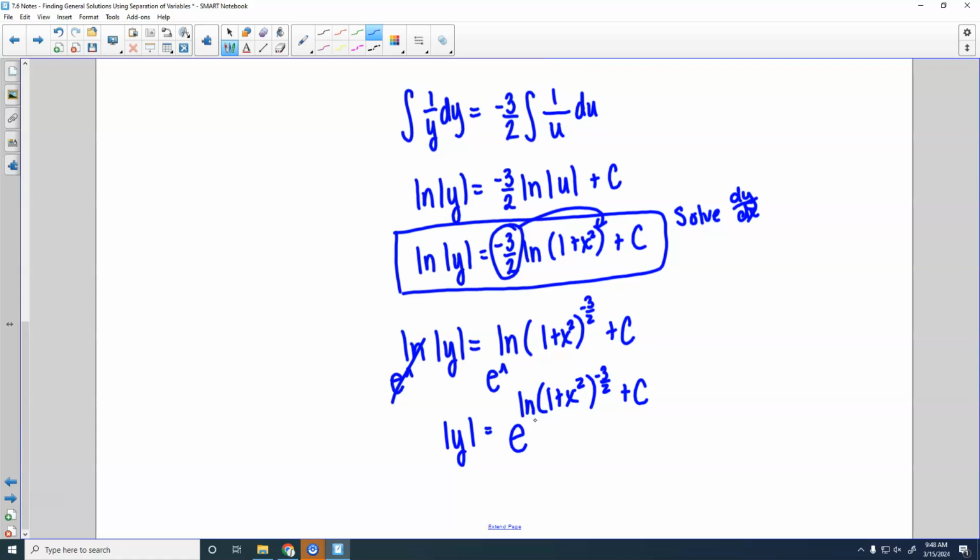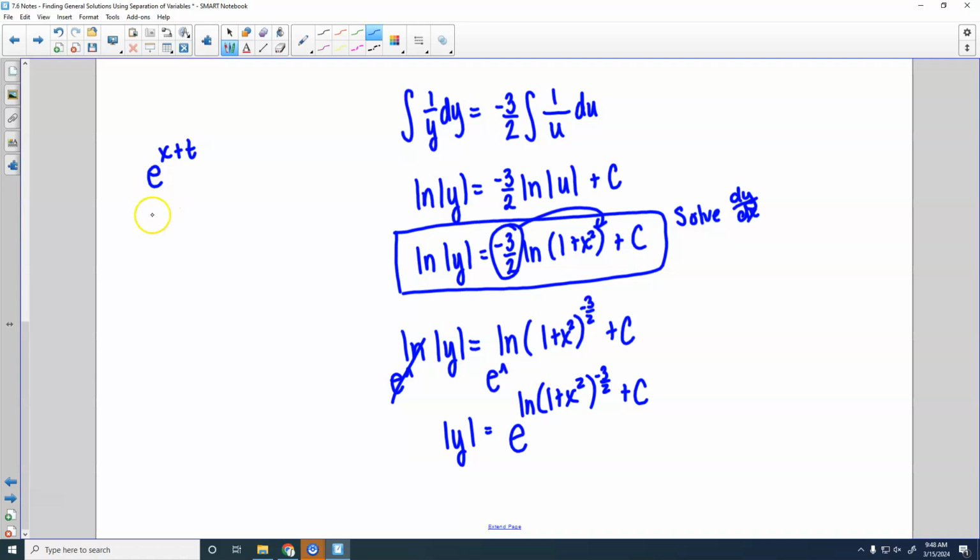Now, those absolute value bars give us some issues, although there's going to be a way we can get rid of that through what I'm going to do next. But the y is pretty much by itself, right? This is a mess over here, okay? But on that last problem, that other problem we did, I had the e to the x plus t, correct?